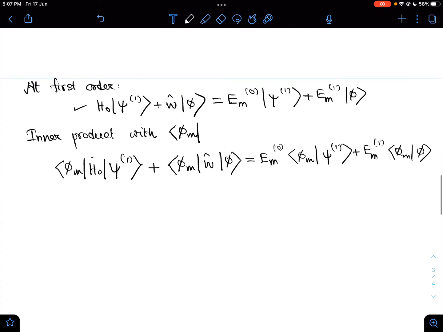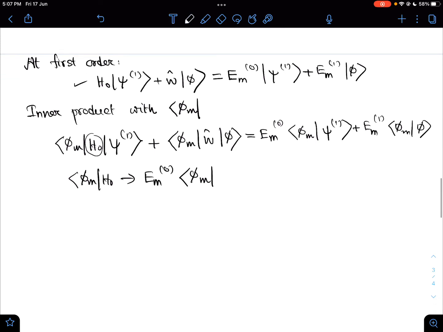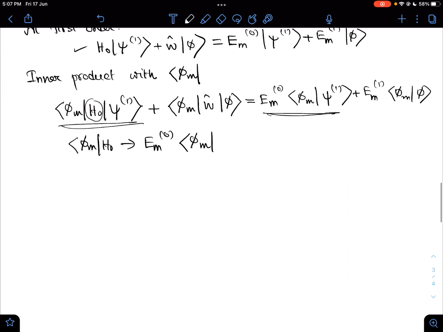Since H0 is Hermitian, phi m H0 will give us EM0 phi m. So this term and this term will be the same, because this term gives EM0 phi m psi 1, which is the same as this.